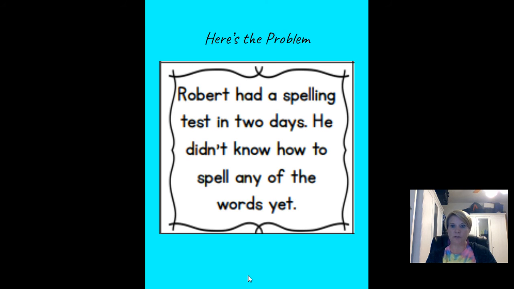And he can do some different assignments that can help him spell the words. He can write the words out like 5 times each or 10 times each to help him spell them. He can practice spelling them out loud. So he has lots of different solutions that he can find to solve that problem.